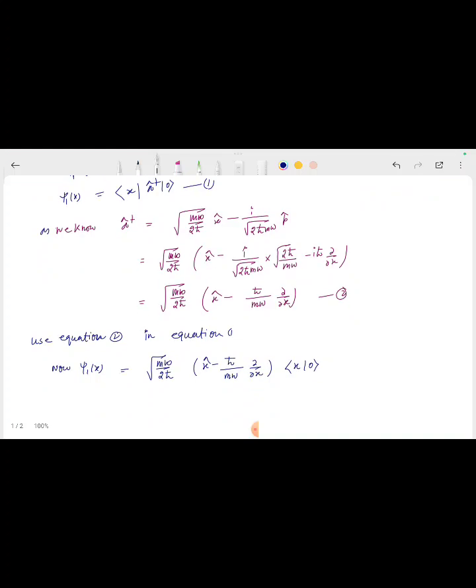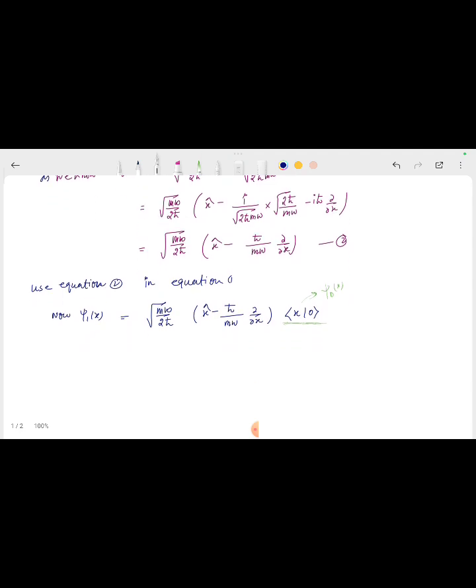We just proved the value of a cap dagger. We already know this part. Bra x ket 0 is actually represented as psi naught x. This is the ground state eigenfunction.